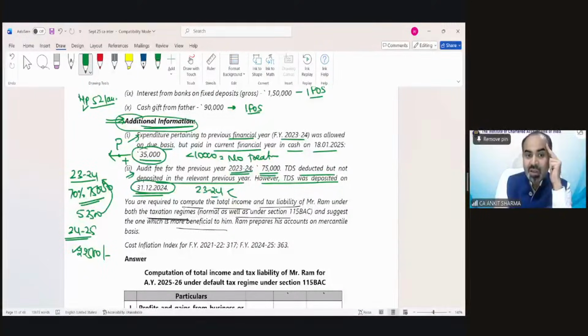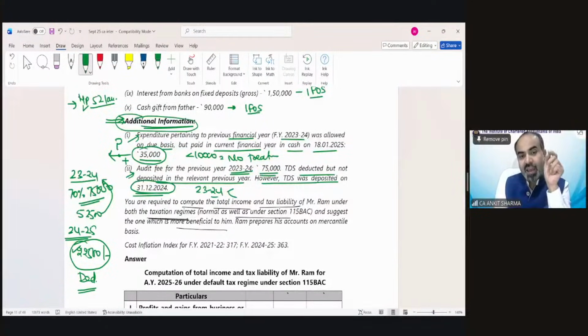That means these 22,500 which we can claim in this year as a deduction did not yet have treatment in the 52 lakh rupees profit. That means this 22,500 has no treatment till now in this 52 lakh rupees.